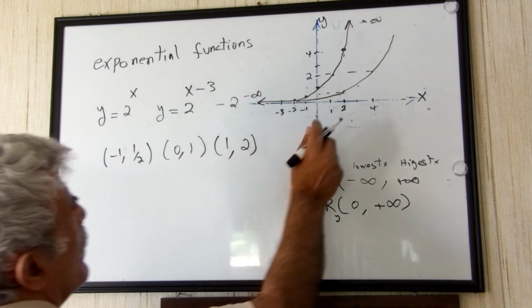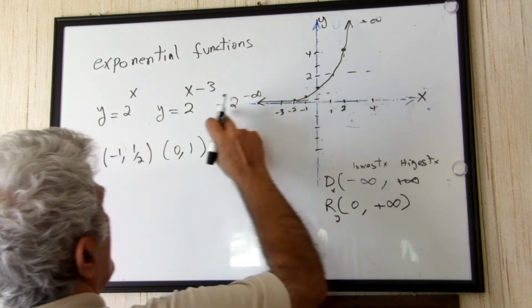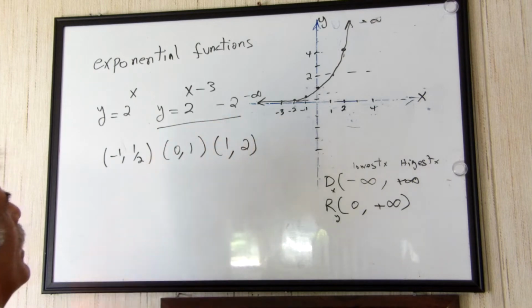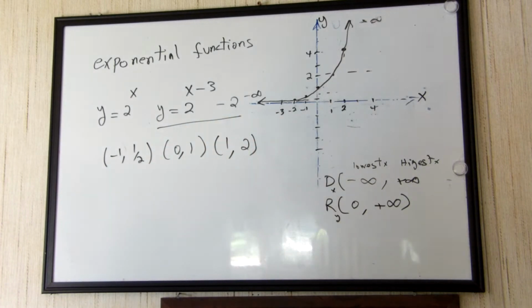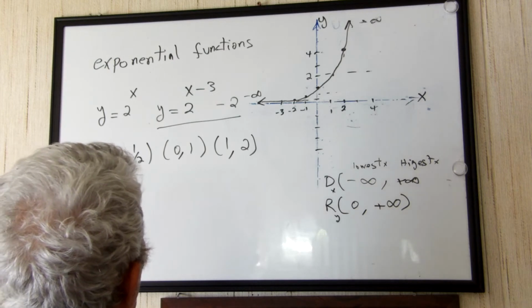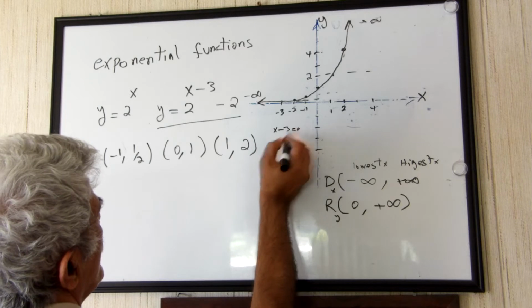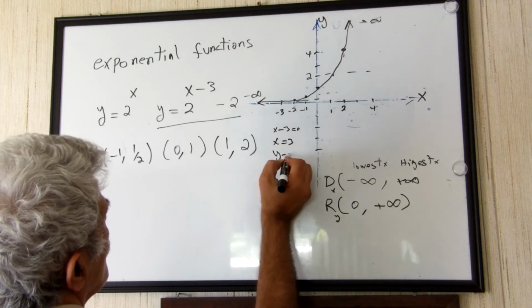Let's clear this one. We're going to graph this function. There are 3 points here. What we do here, we say x minus 3 is equal to 0, x is equal to 3, and y is equal to minus 2.